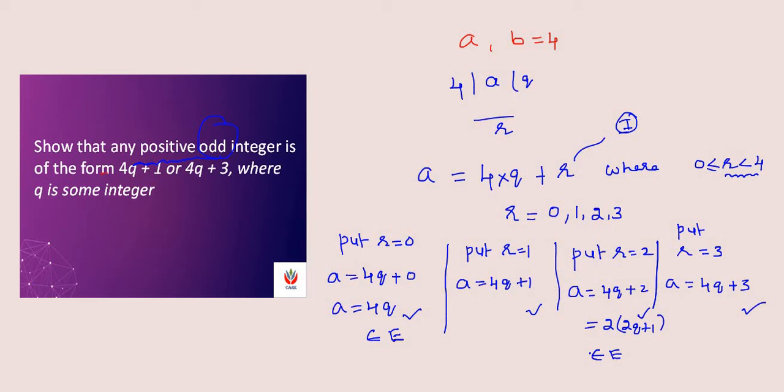You want only the odd numbers. Therefore a is equal to 4q plus 1 or a is equal to 4q plus 3. These are the odd integers. The remaining 2 are even integers. So that's all about the sum.